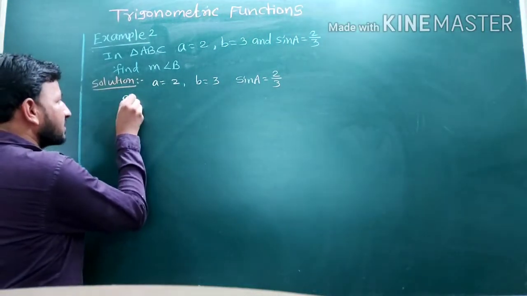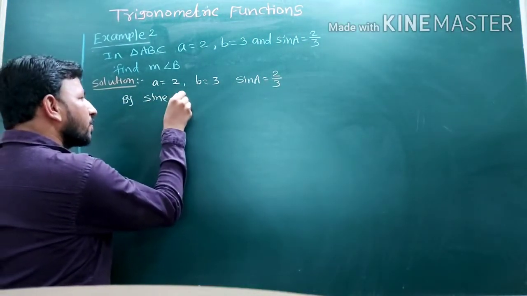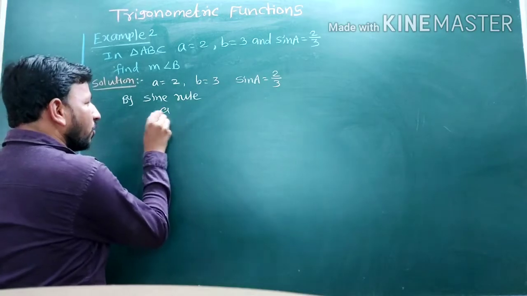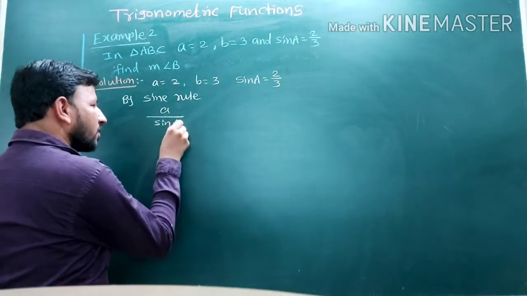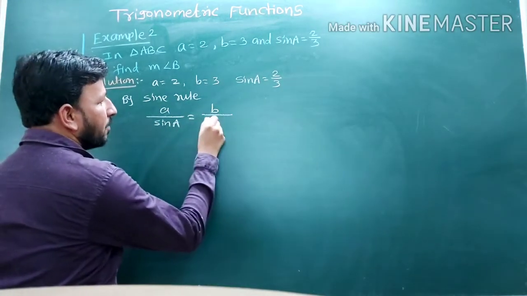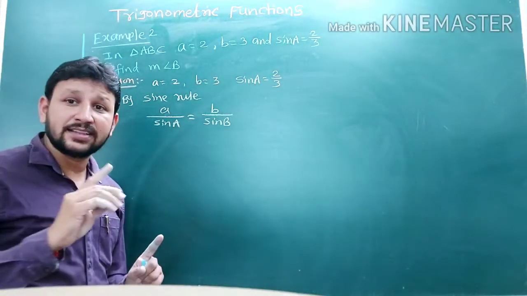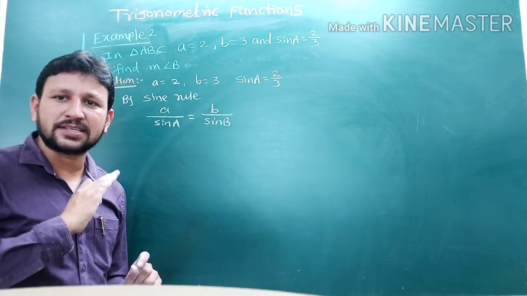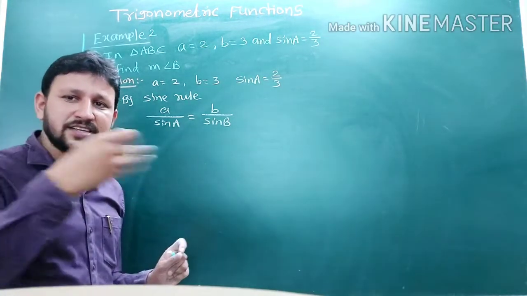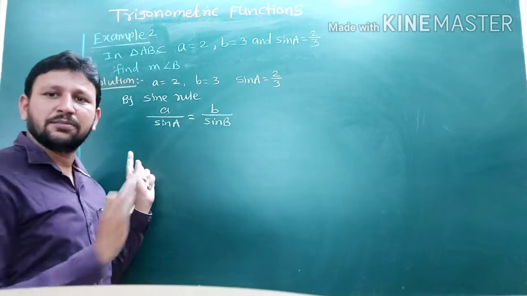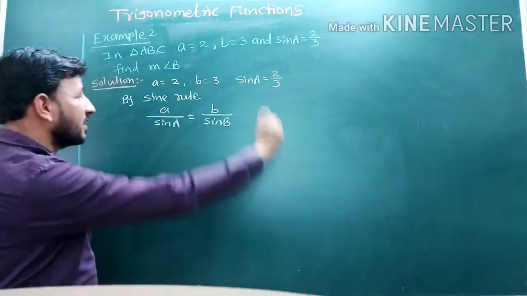By sine rule, a upon sine A equal to b upon sine B. Not writing c upon sine C, as there is no need of the side c and the angle C. We need only the a and b variables because they are given.